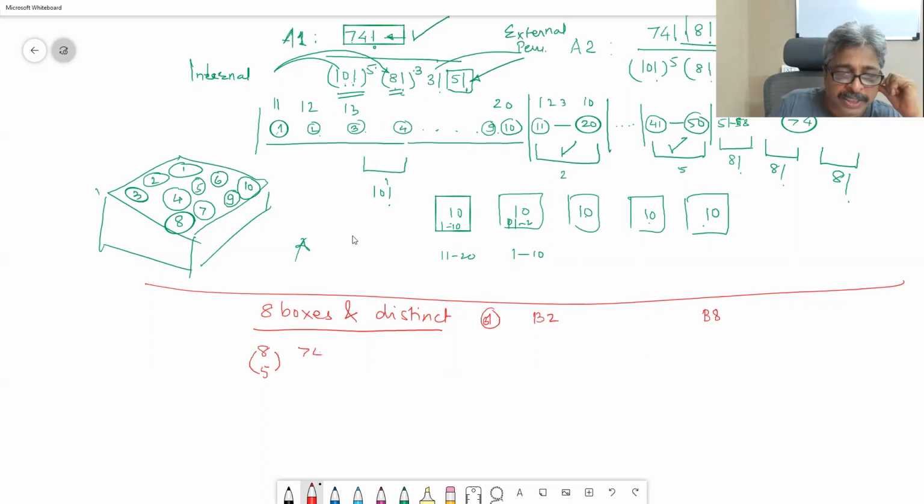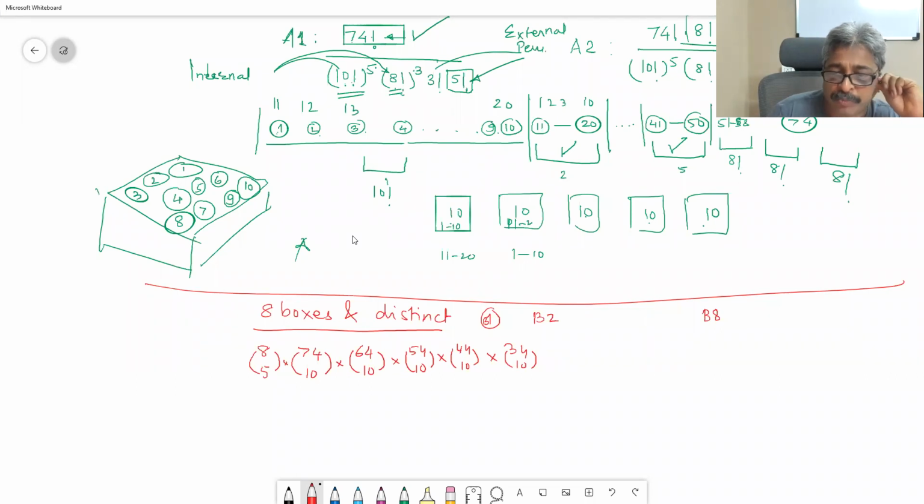Out of 74 objects which are distinct, you choose 10, put them in the first box out of the 5 you have chosen, and then 64 objects are remaining. Choose 10 objects out of 64, put them into another box, and 54, choose 10 in the third, and 44, choose 10 in the fourth, and 34, choose 10 in the next.